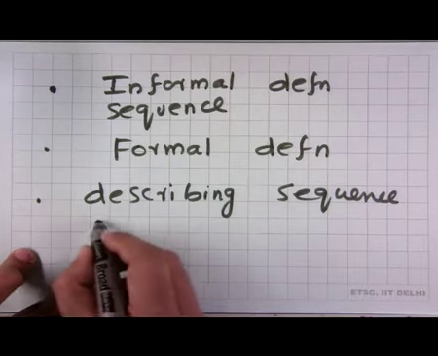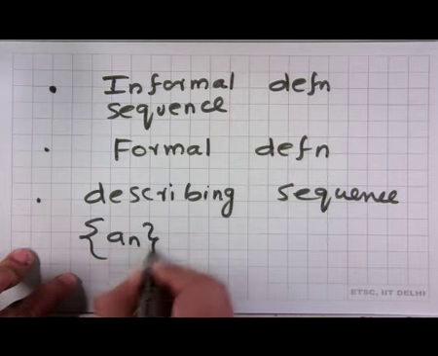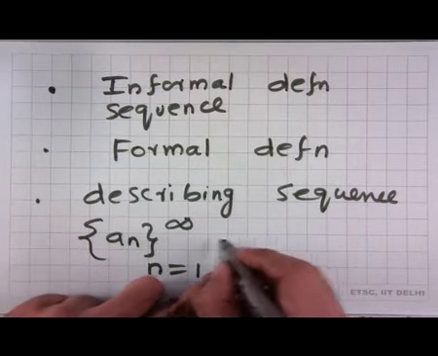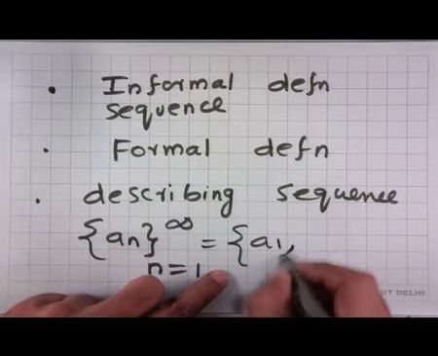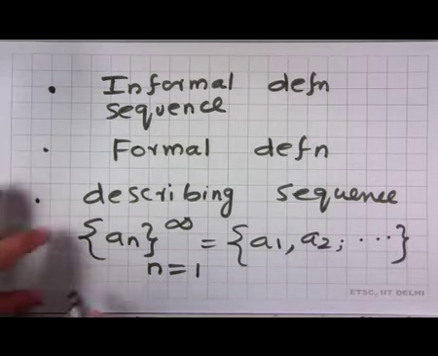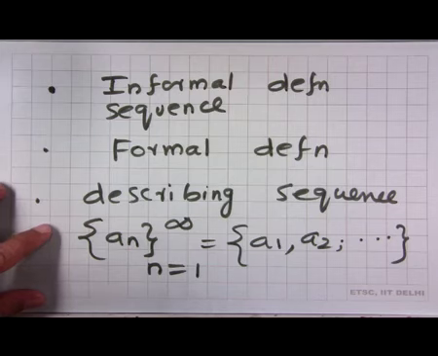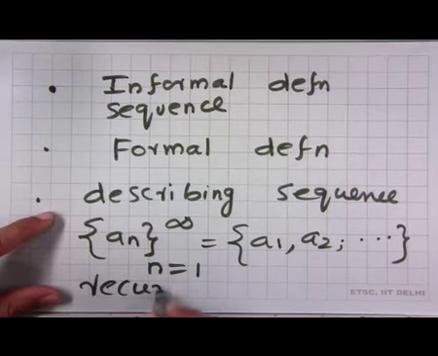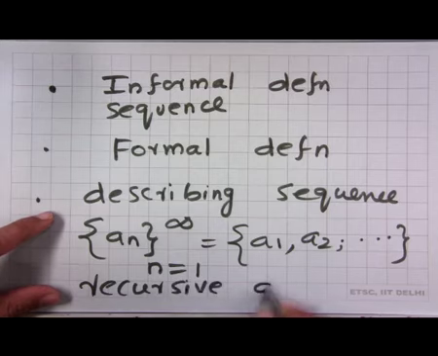One is using the notation a_n, n equal to 1 to infinity, and listing it as a_1, a_2 etc., or writing a_n in terms of n using a rule or with the help of a recursive definition.